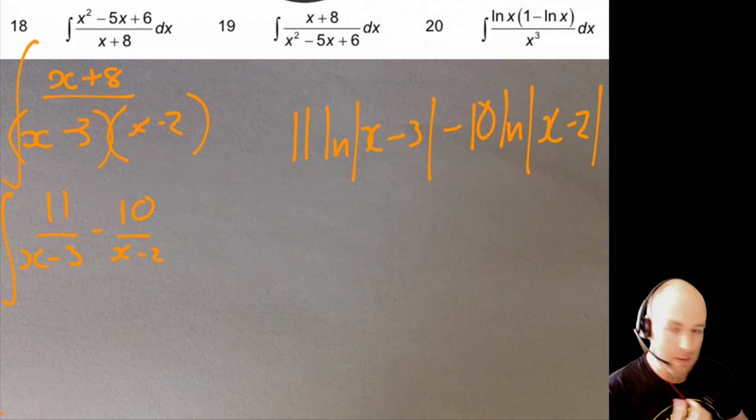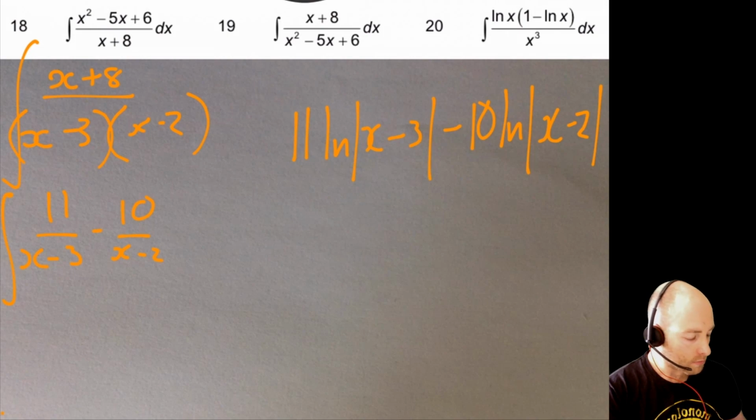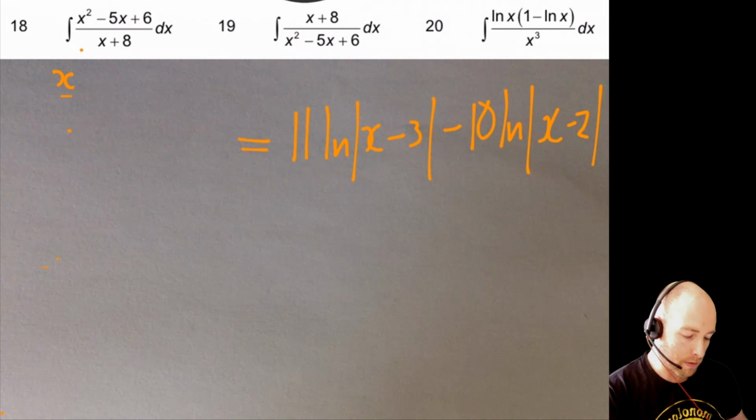And there isn't really anything I can do about that. I can't really combine those because they've got different fractions. Yeah, cool. Right, that's the answer for that one then. Okay, last one then, which is the one that was the most difficult.